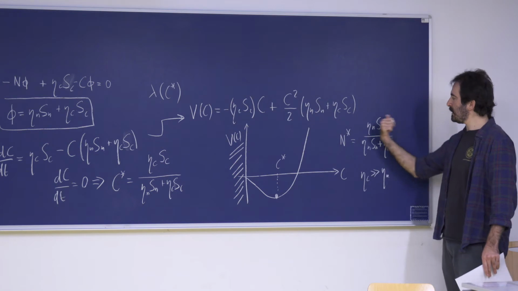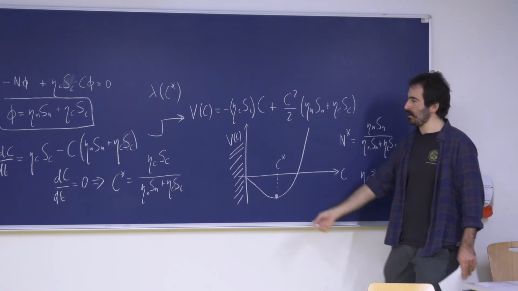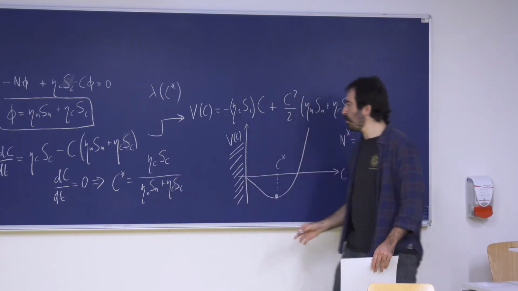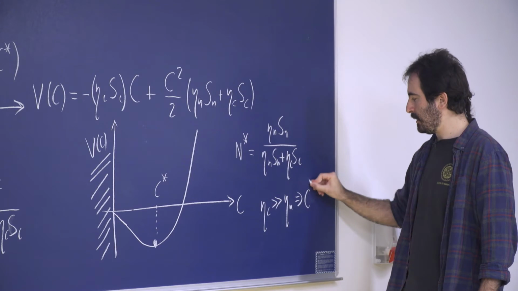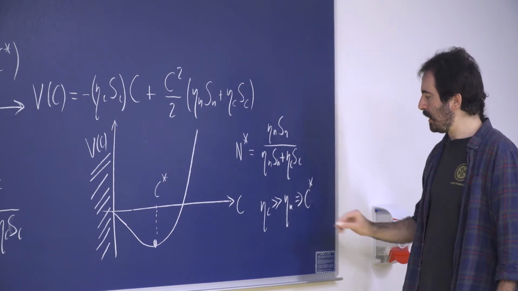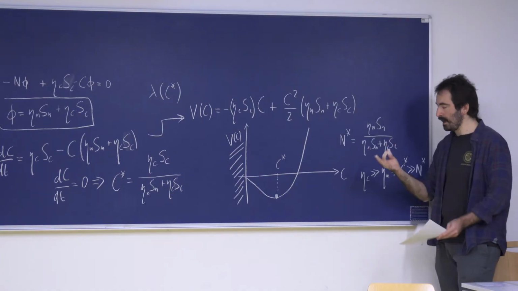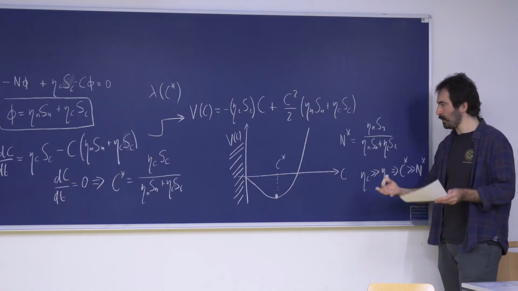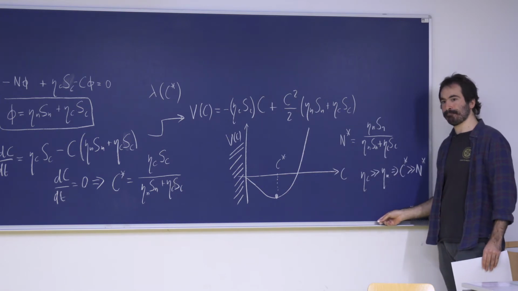Then you see that these fractions that we have obtained here, the solution for N star and the solution for C star, are going to be tilted such that in this case the number of cancer cells is going to be larger than the number of normal cells. So there's this equilibrium, this delicate balance between the two, that is very well captured by this very simple model.